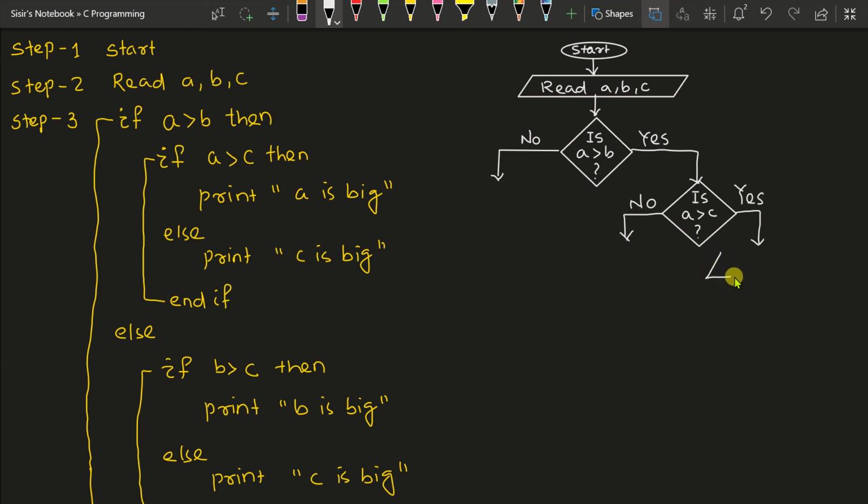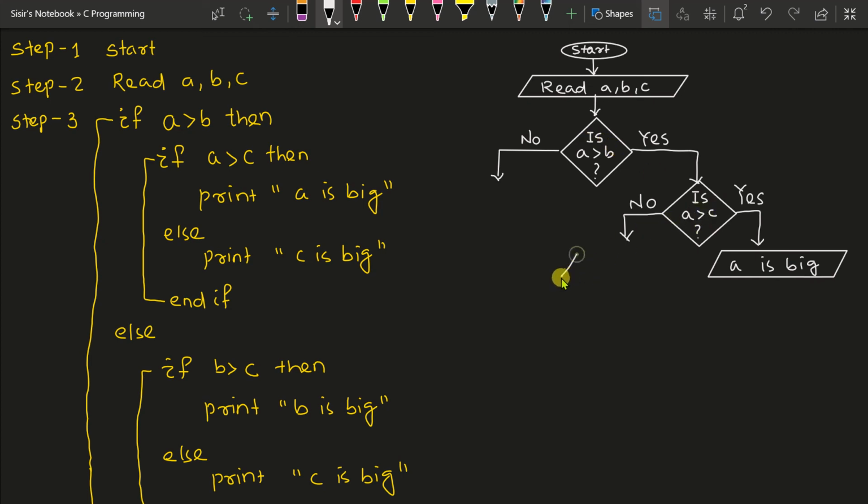So I am just drawing a parallelogram here, and I will write A is big. I am not writing the complete statement, I am just writing A is big because the space is very low. Now if A greater than B is true and this is false, then who is big?